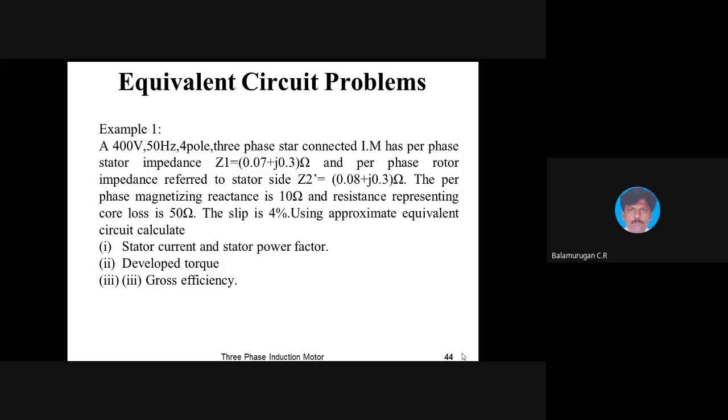So you take the first problem. The final expression will be 9.55 into 3 I2 double dash square R2 dash by S divided by NS.